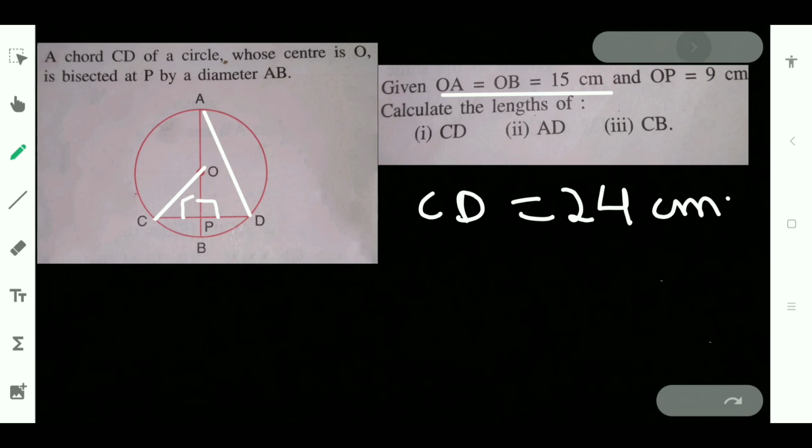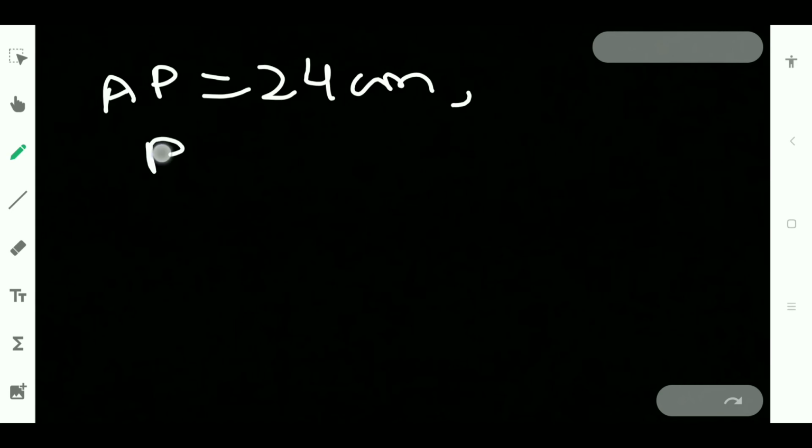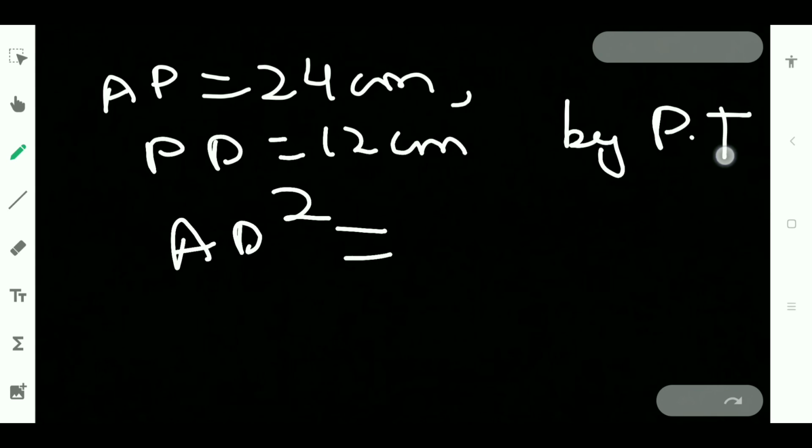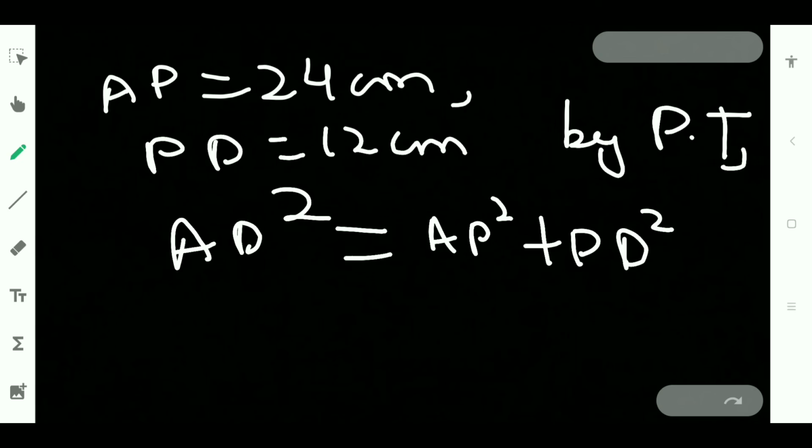AP is equal to 24 centimeter and PD is equal to 12 centimeter. We have to find the length of AD. So by Pythagoras theorem, AD square is equal to AP square plus PD square.